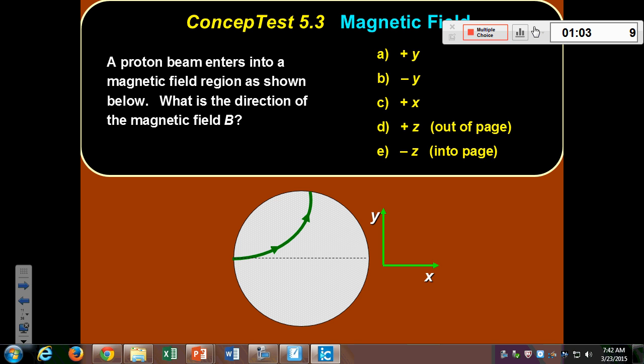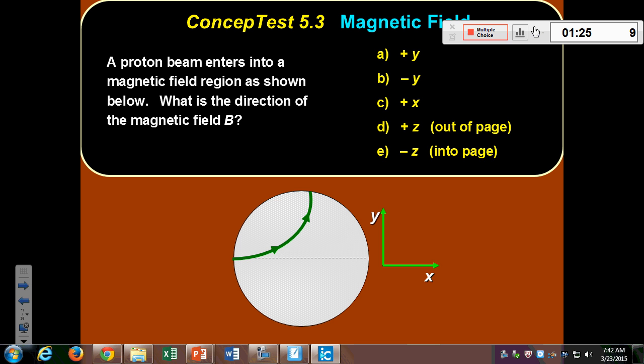Now, in this case, I know the direction of the force, at least initially, has to be in what direction? At this point, what force causes this motion? No, not positive. Here, I'm shooting a beam of protons in, and so they have a velocity in this direction.